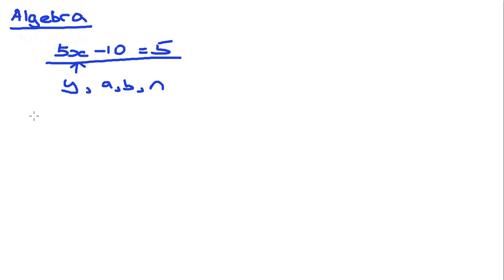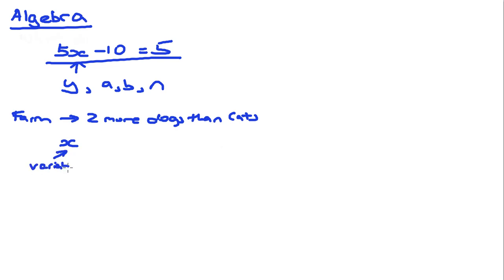Algebra is very important to us because with algebra we can express real life scenarios in terms of mathematical formulas or equations. For example, we know that a farm will always have 2 more dogs than cats. If we express cats as a variable x, we call this a variable, then the number of dogs will be x plus 2.